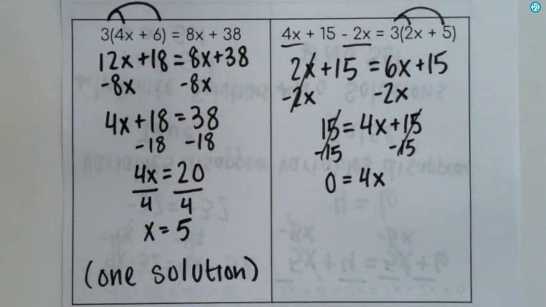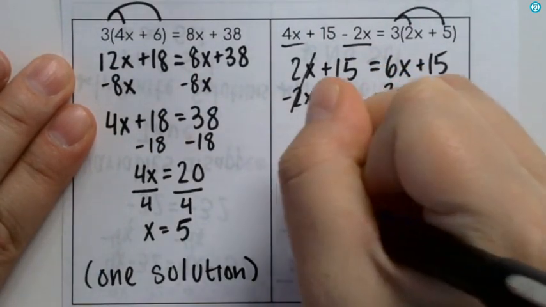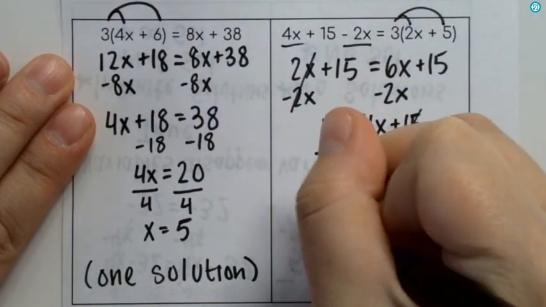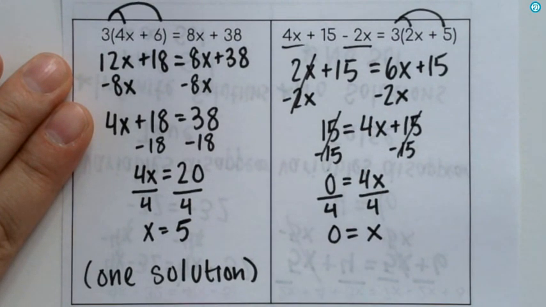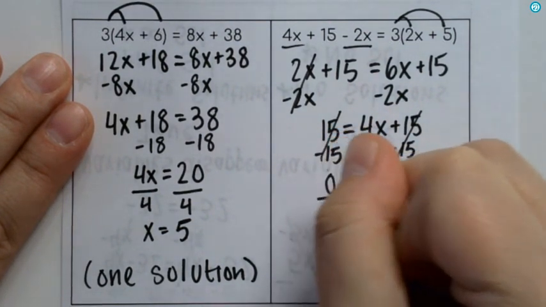Have my variables disappeared? I still have an x, so I still need to keep solving for x. So even though it's equal to 0, I keep solving. So I'm going to divide both sides by 4. 0 divided by 4 is 0. So I get 0 equals x, which I am going to flip around to be x equals 0.